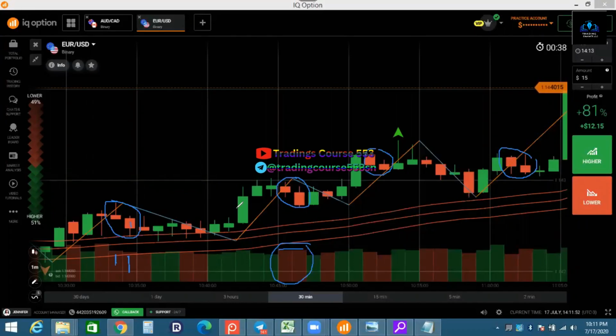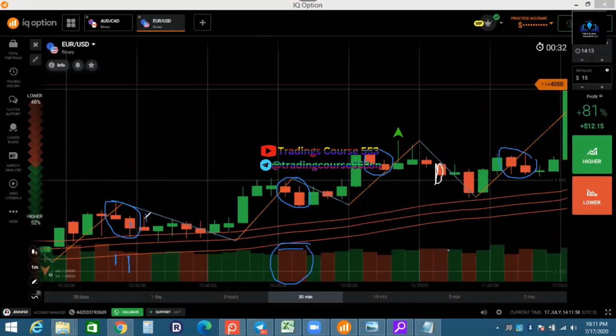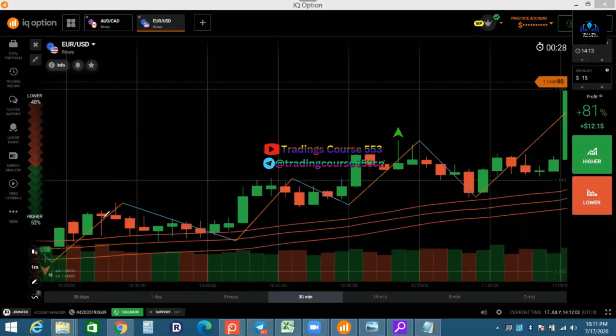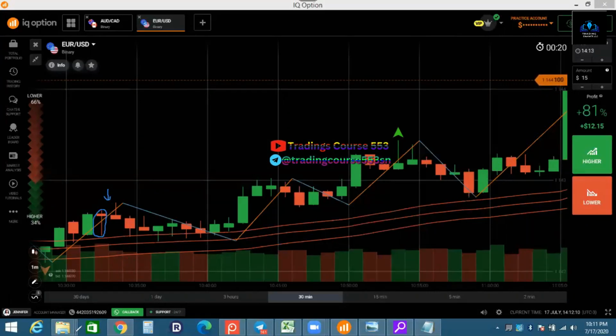There is another concept I'm going to show you. Do you understand why this candlestick goes down? When I saw the sellers' pressure in this candle, I put a trade here. This long candle is not buying pressure, that is selling pressure.